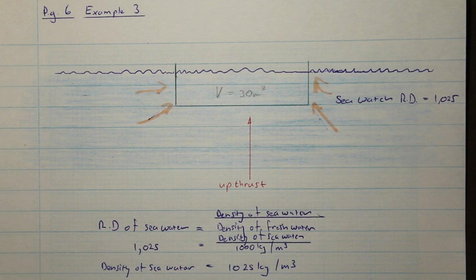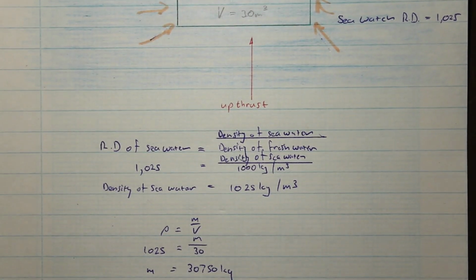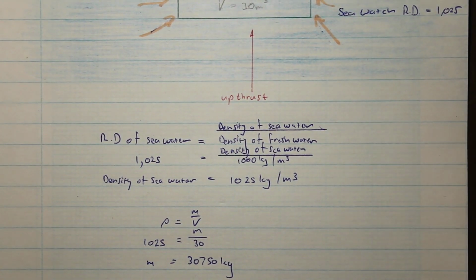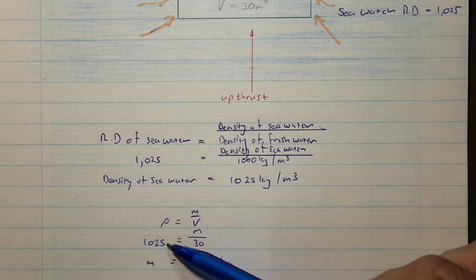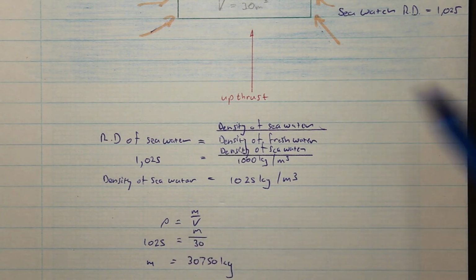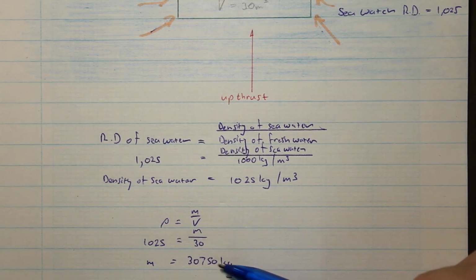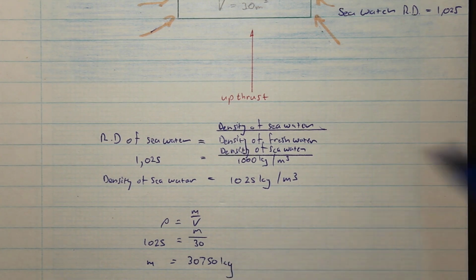Then we can calculate the mass of that volume of seawater that was displaced. We have the density of that seawater now, and we have the volume, which is 30 cubic meters. The mass of that 30 cubic meters of seawater that was displaced is 30,750 kilograms.